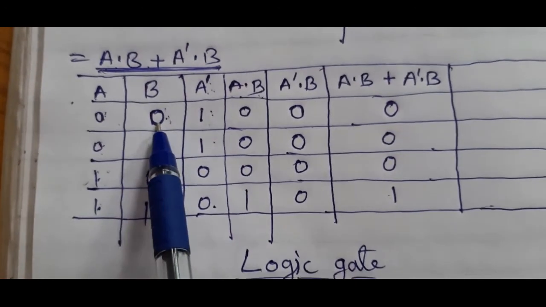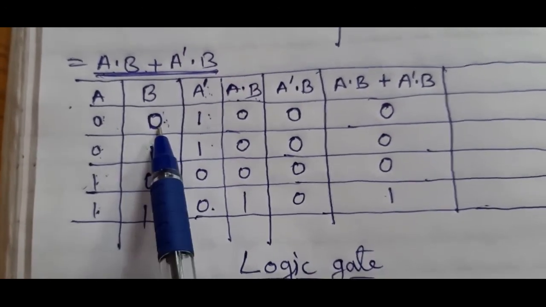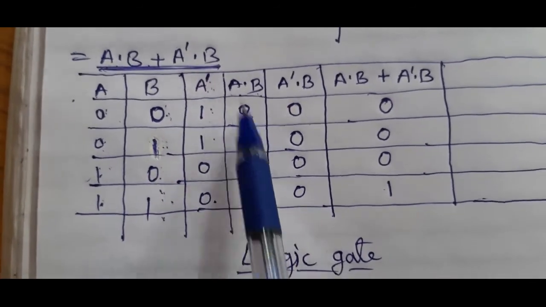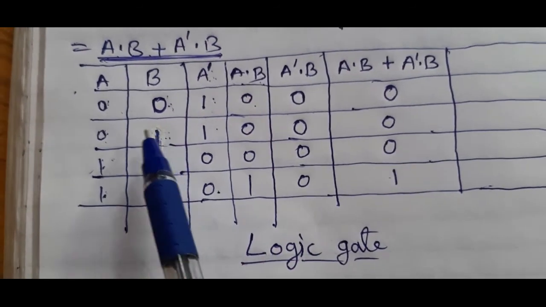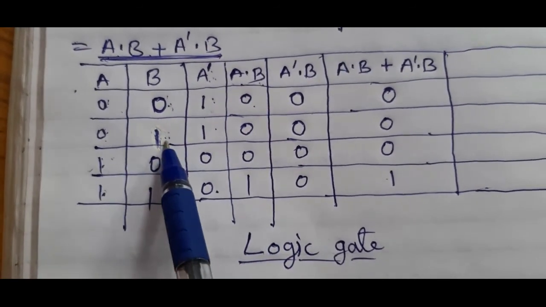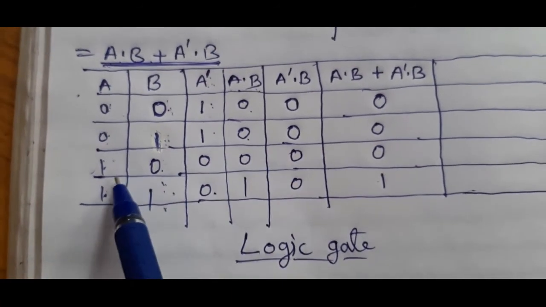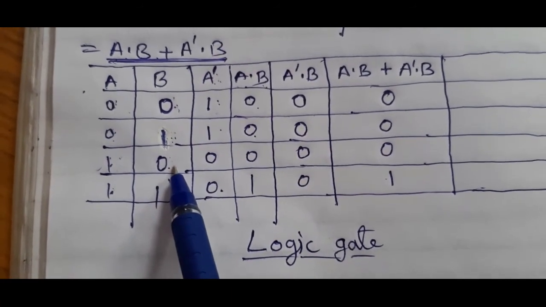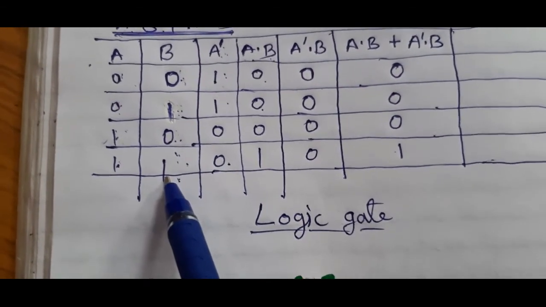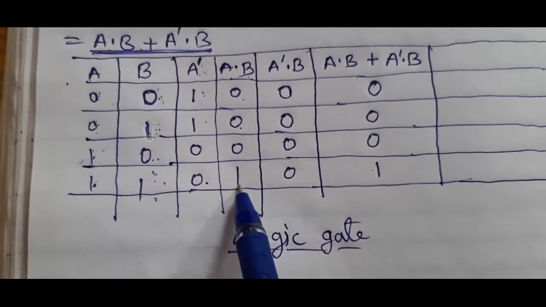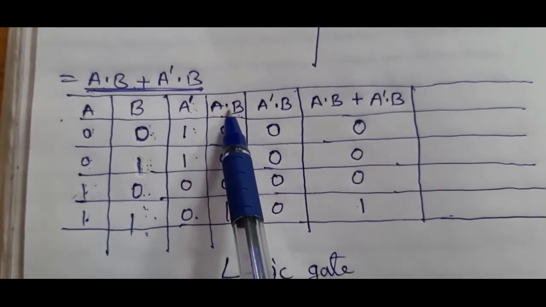So in the first condition both are negative, so output will be negative. In the second condition, one is negative and another is positive, so again it will be negative. The same condition is in the third step, and in the last you can see both are positive, so output is positive. Like this we got the output of A and B.